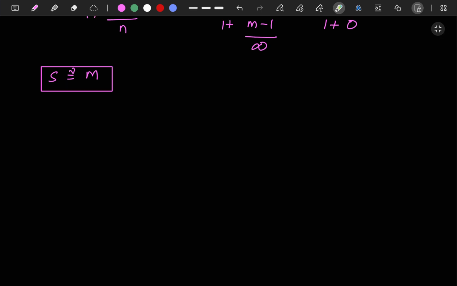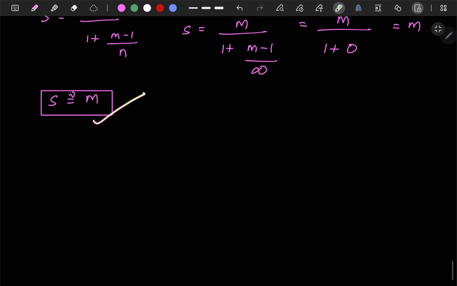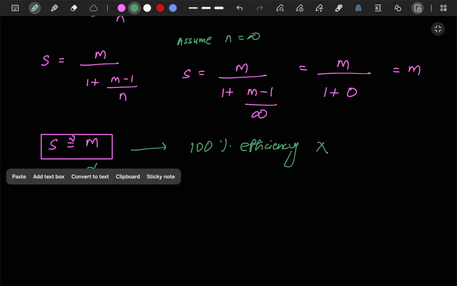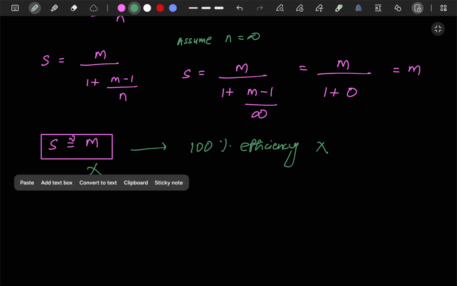So if practically S equal to m is not possible, then we can derive that 100% efficiency is also not possible practically. If you have 100% efficiency, definitely this condition should be satisfied, that S equal to m, or if S equal to m, then only you can achieve 100% efficiency.